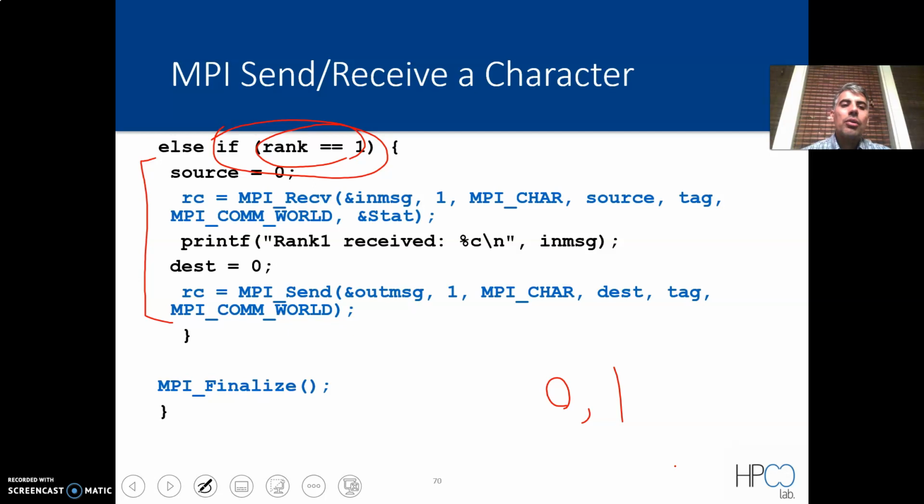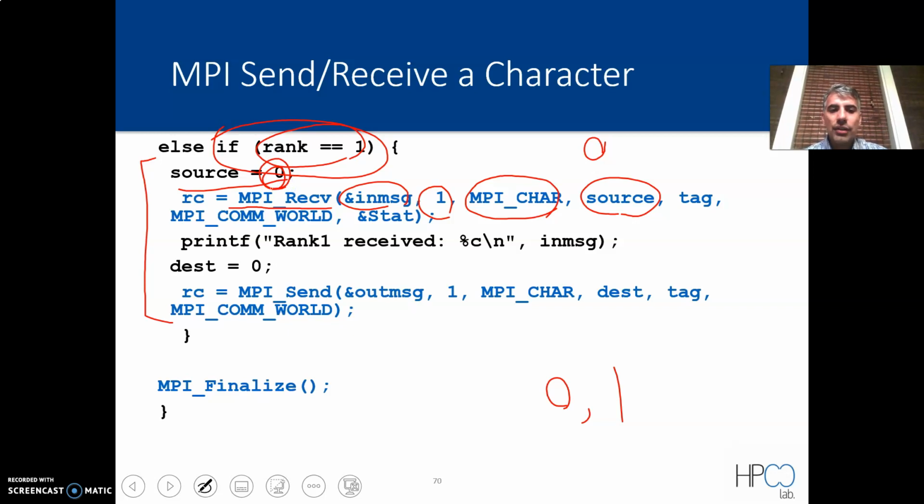All right. For other processes, in this case we just have one other process, because here we have just two processes that talk to each other and exchange characters. So if it's process number 1, then it has to first expect to receive a message from process number 0. So we make the source 0, and we do MPI_Recv into in message, size 1, type character, from source 0, as you remember here.